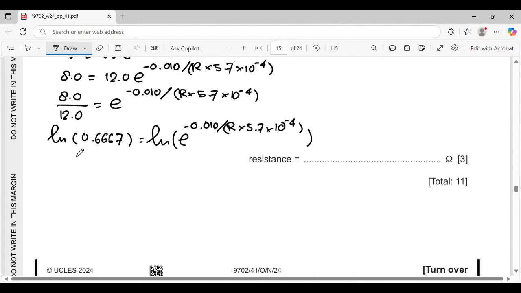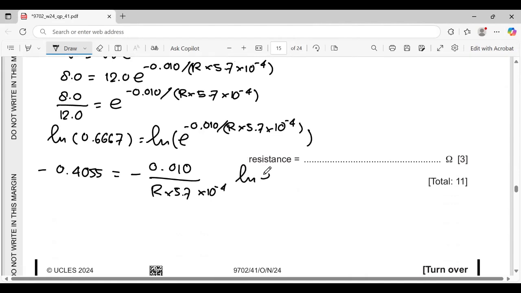We continue to calculate: ln 0.67 is minus 0.4055, equals minus, if ln e to the power this one, it becomes minus 0.010 over R times 5.7 times 10 to the power minus 4.